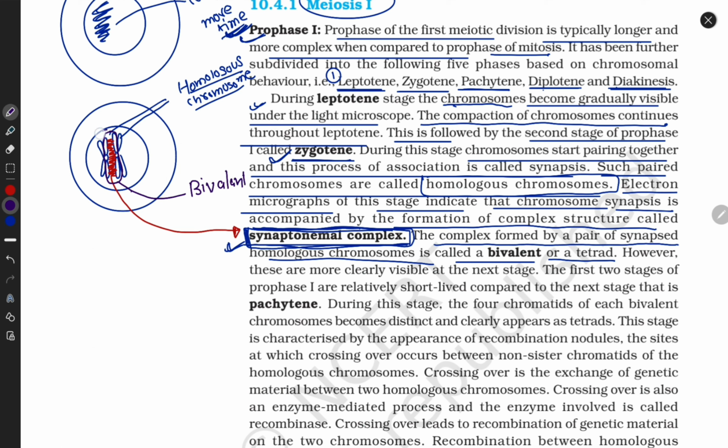If I consider the whole, then I must say tetrad. Now are you clear, guys? This is the bivalent, and this complete structure is the tetrad. Now let's move further.